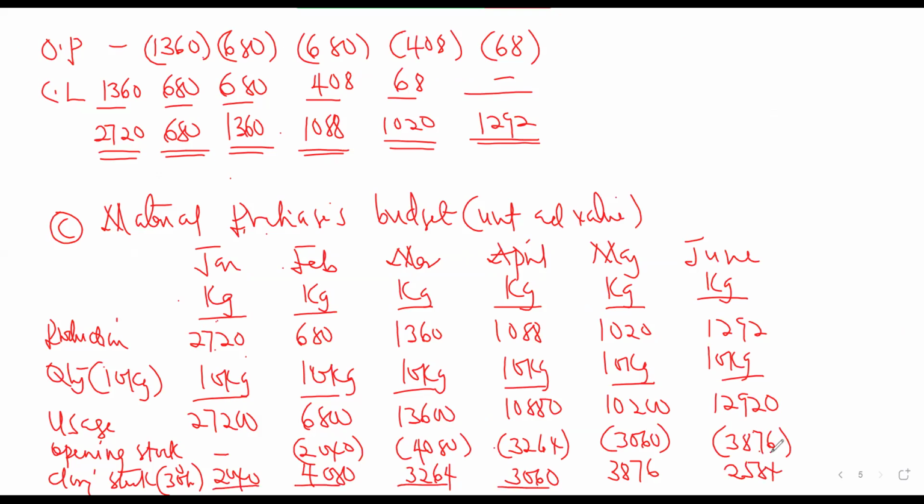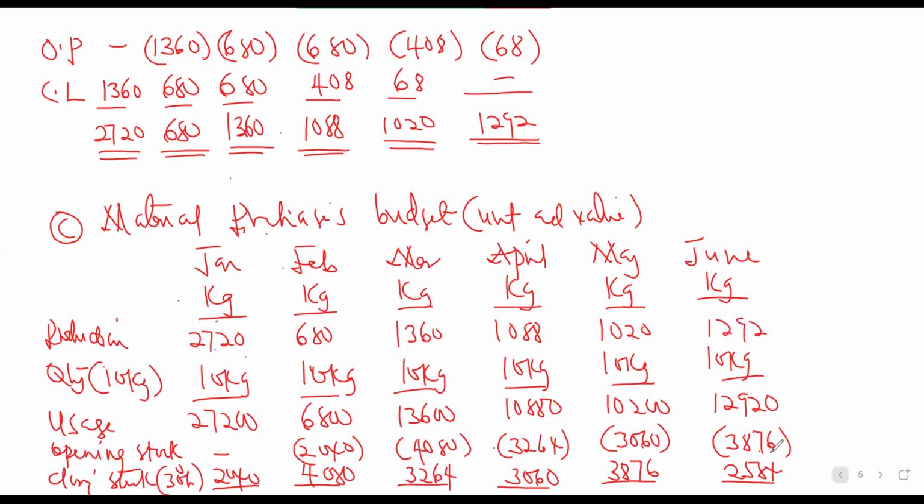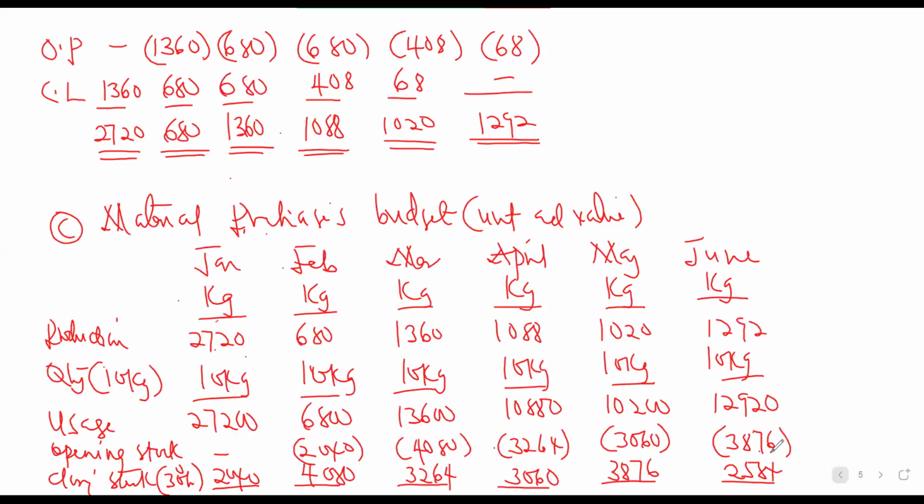Now we have our material purchase, the quantity that we have to go and buy. So the first month is what? 27,200 plus 2040. I'm getting 29,240. Okay. Second month will be what?